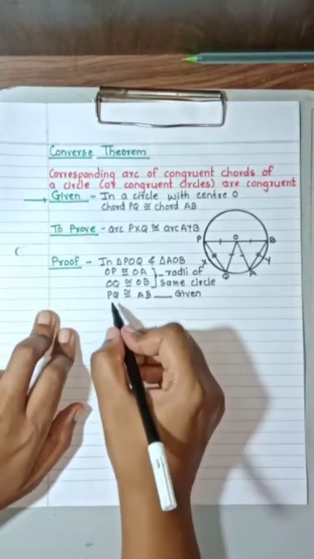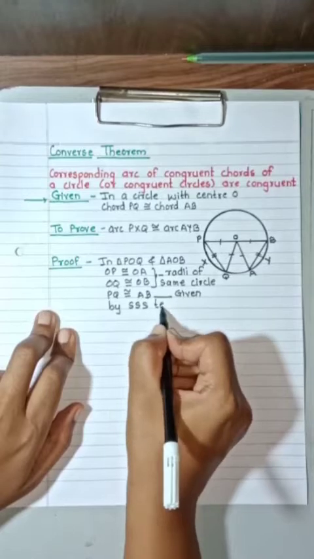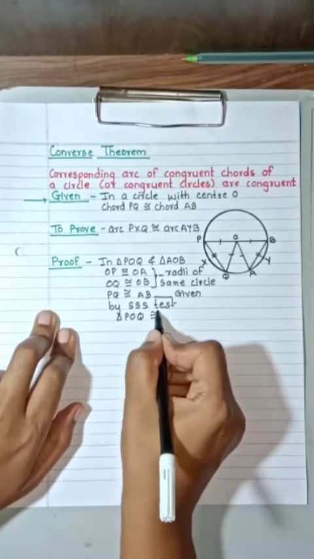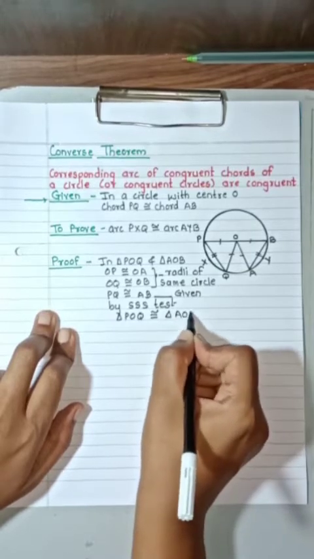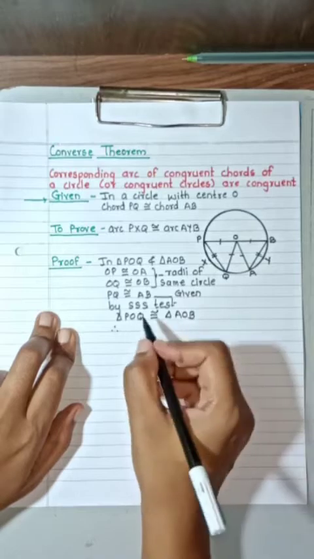Now all the three sides are congruent. Therefore, by SSS test, you can say that triangle POQ is congruent to triangle AOB. As two triangles are congruent, their corresponding angles are also congruent.